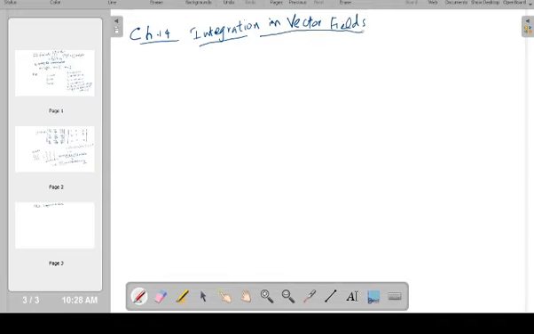So integral calculus continued. First we will start with line integrals.